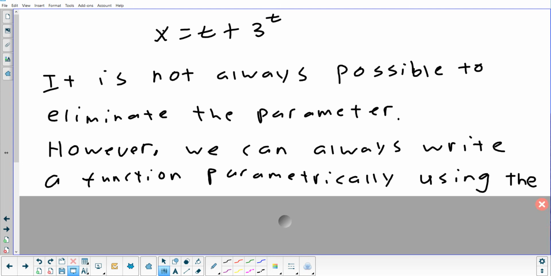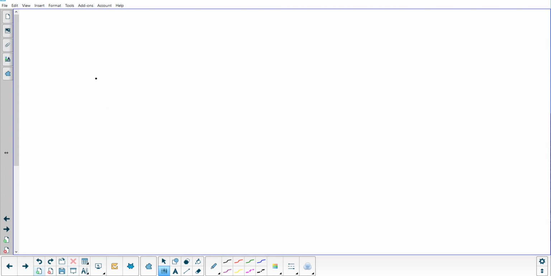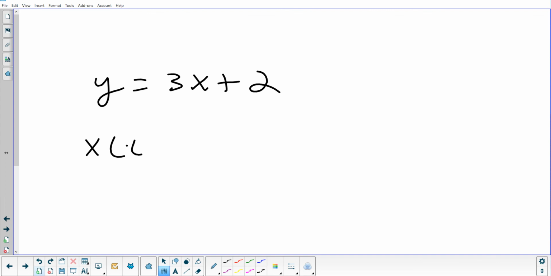So let me show you an idea, and I think you'll see how to do this. Let's say you had that equation. Anybody think of 2 equations I could write down so that when I eliminated the parameter, I got that as the answer?